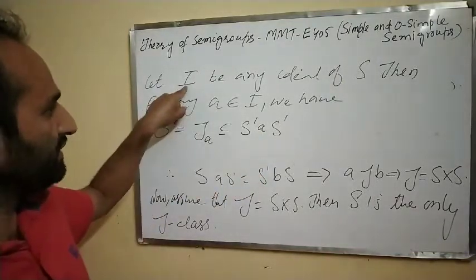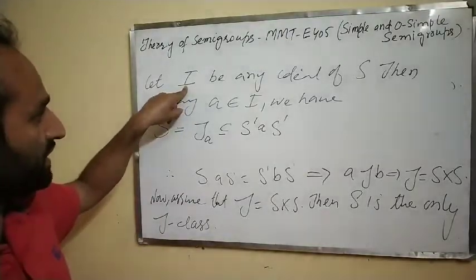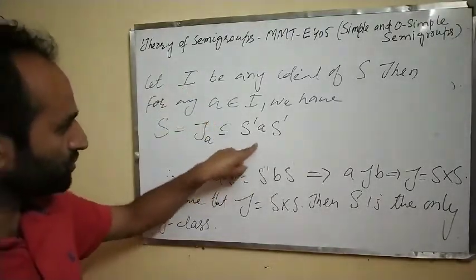But I is an ideal. It means that I is a two-sided ideal actually containing A. But this one is the smallest one.